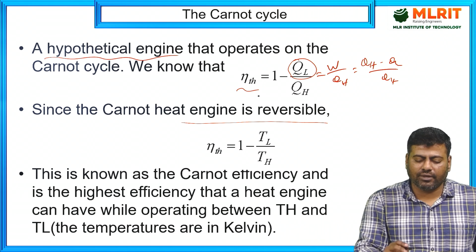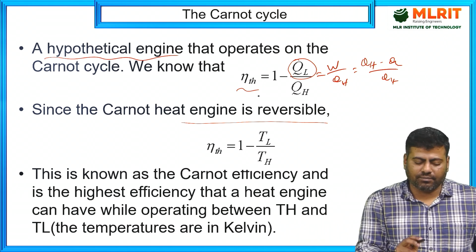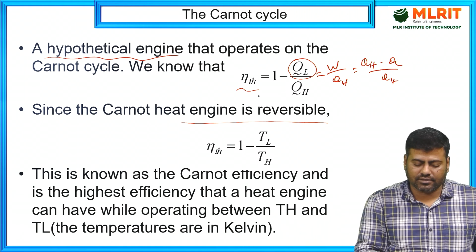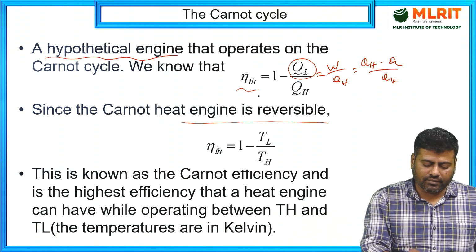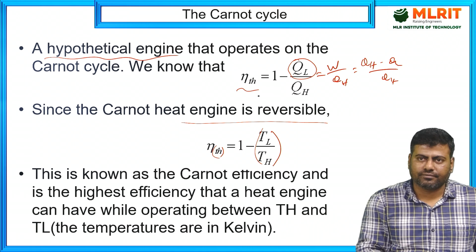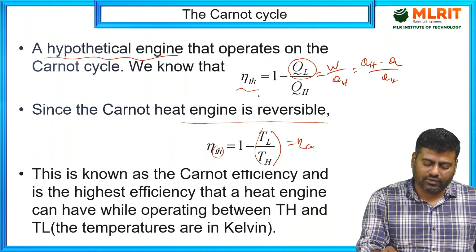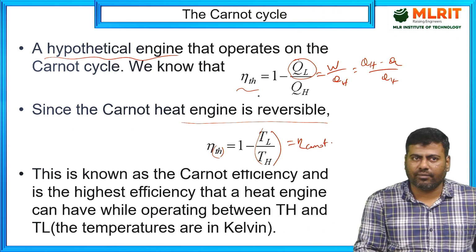That is, QL by QH is equal to TL by TH. This is applicable for reversible conditions. So the Carnot efficiency is equal to 1 minus TL by TH, right?